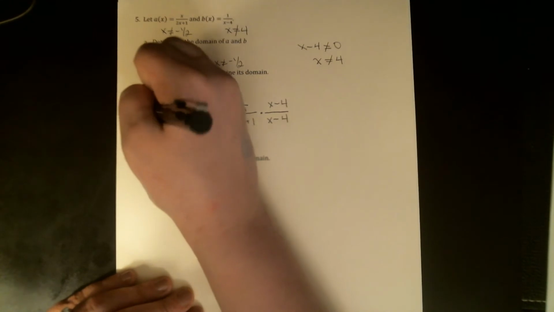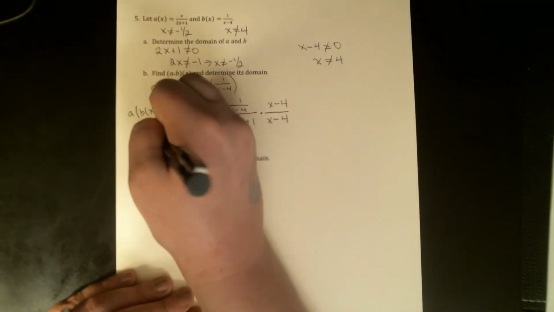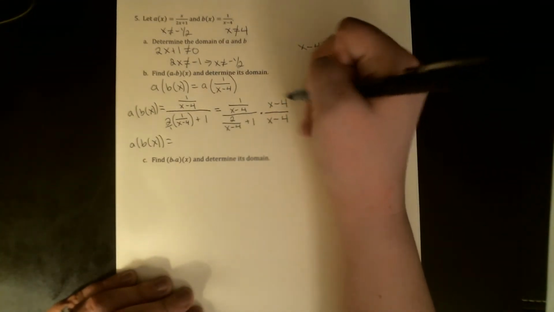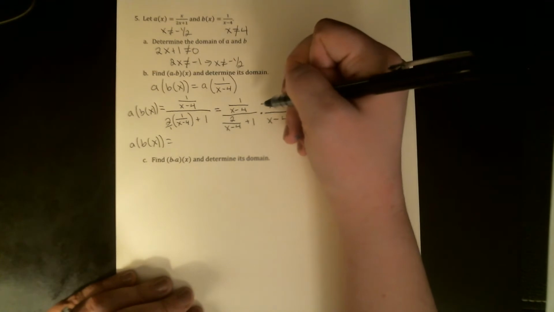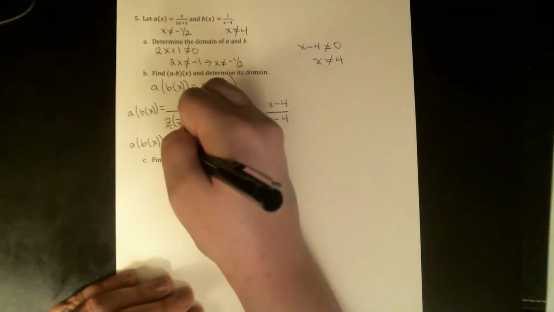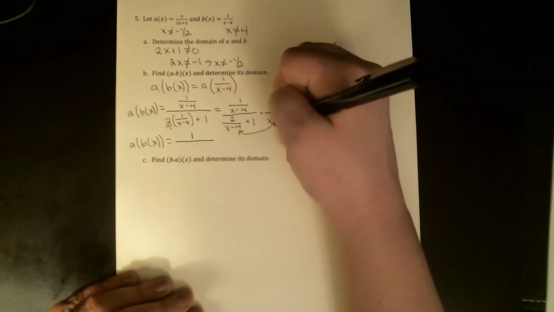So we have A of B of x equal to, on the top, if we multiply an x minus 4 by a 1 over x minus 4, we just end up with x minus 4 divided by x minus 4, which is 1. So the top works out beautifully. The bottom, you do need to be a little bit careful. There's a distribute that happens.